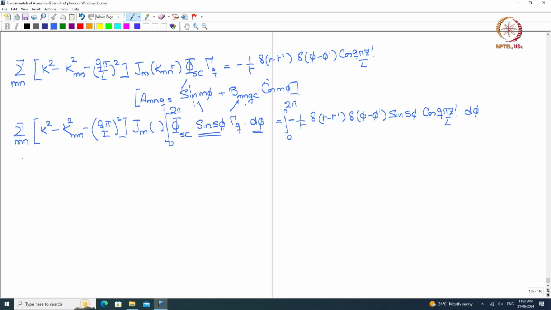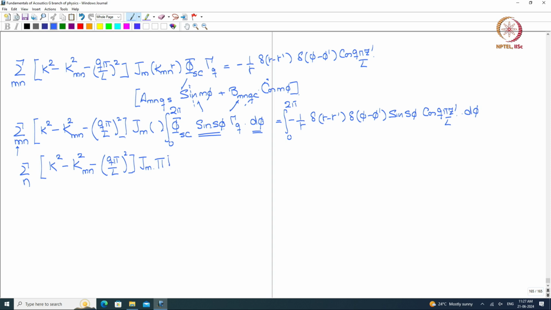And so we have picked again one particular index out of the m, so we get k square minus k square mn, n remains, minus q pi by L whole squared, Jm, then we have integral of sin square m phi over 0 to 2 pi, that gives me a pi over here.